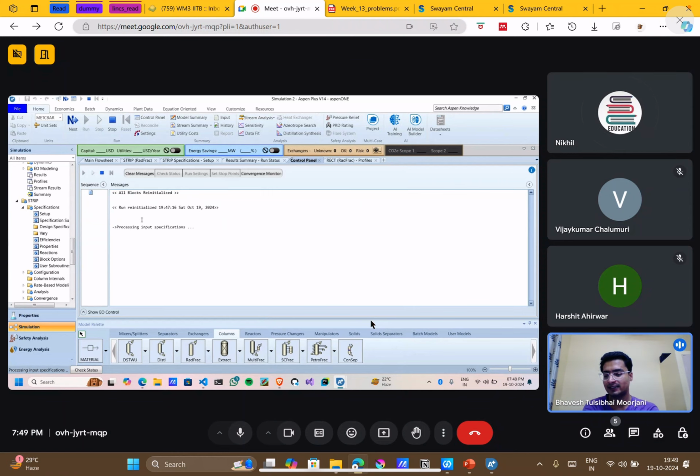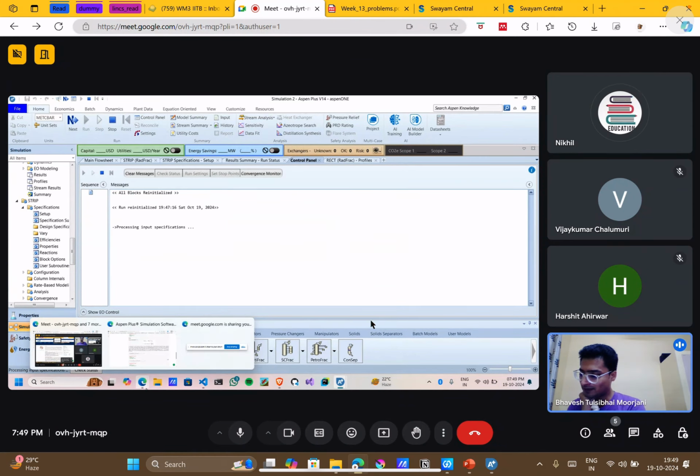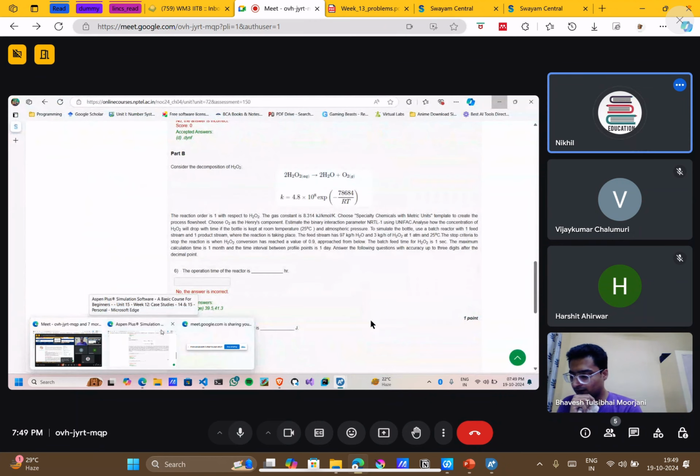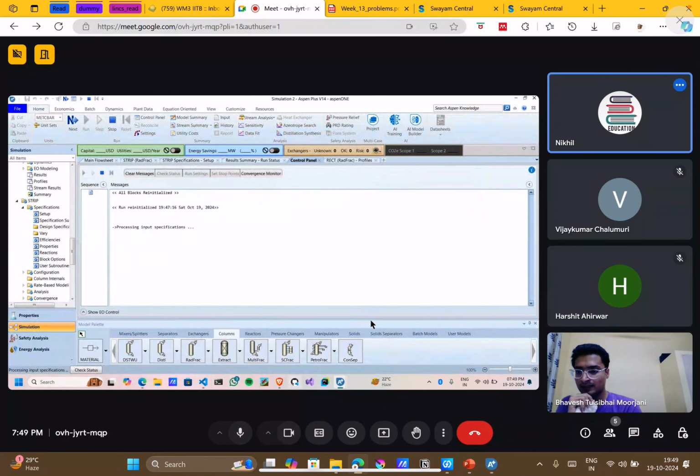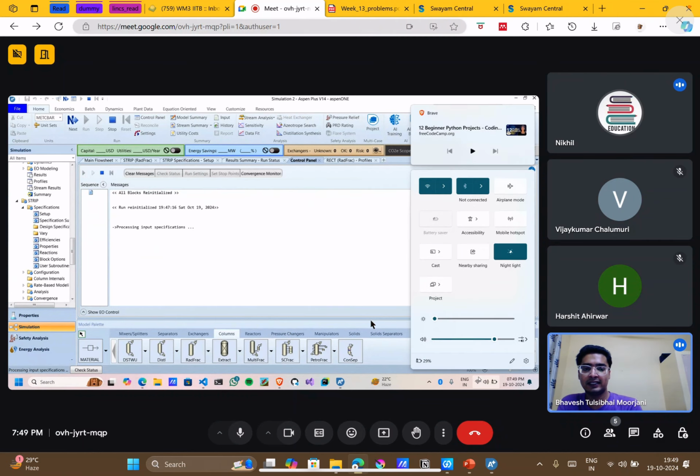Yeah, it will take some time. I guess the problem statement has some data that are not correct, because of that we got this error. But you are understanding what is happening here, right? The feed to stage 120 is entering at 19 point something bar pressure, while the stage is operating at 20 bar pressure.